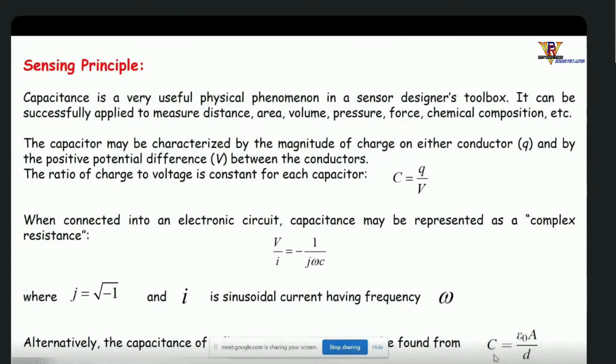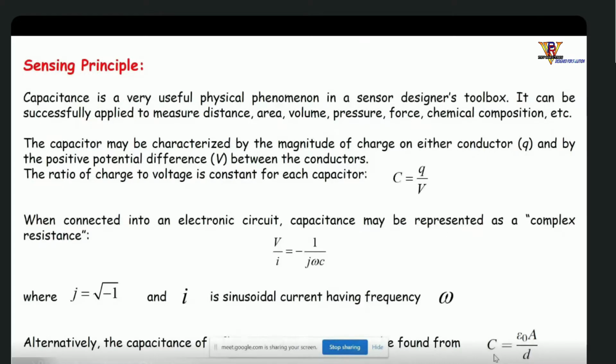Although I know you are familiar with the working of a capacitor, how it accumulates charge, how it allows current through it, and all the things, I will just revise it. Let us consider a capacitor. It can be characterized by the magnitude of charge on either conductor. The physical structure of a capacitor may be a parallel plate capacitor or a cylindrical capacitor, like that.